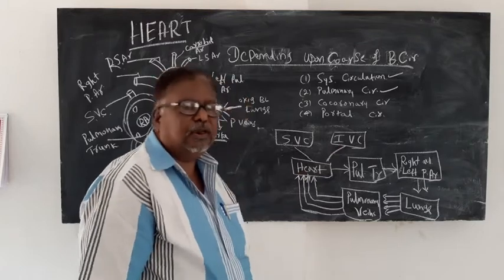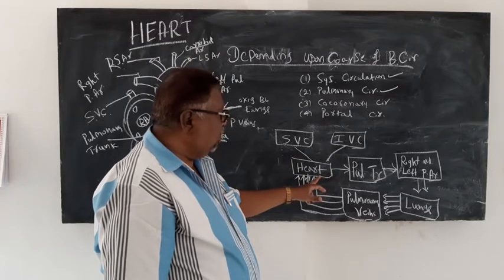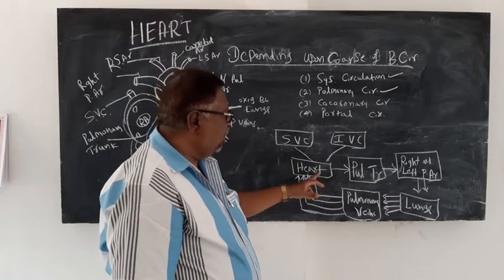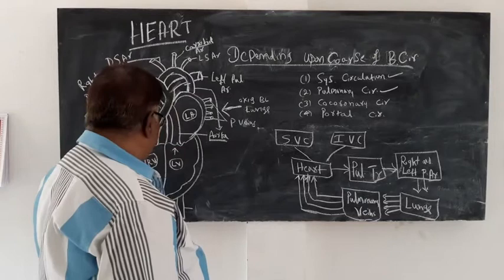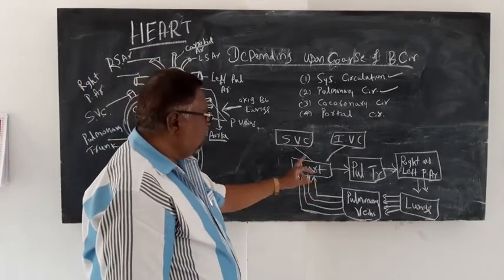And this inferior vena cava opens in the right side of the heart. That pours the blood in the right side of the heart.